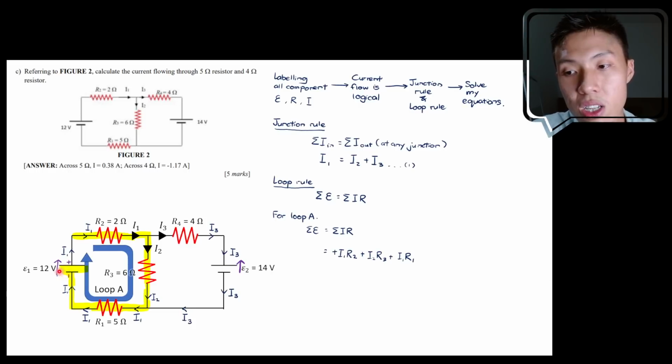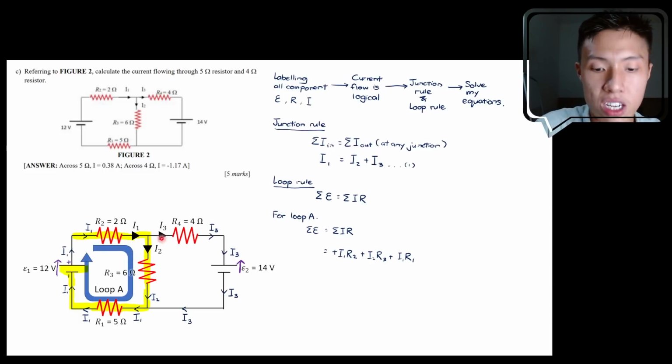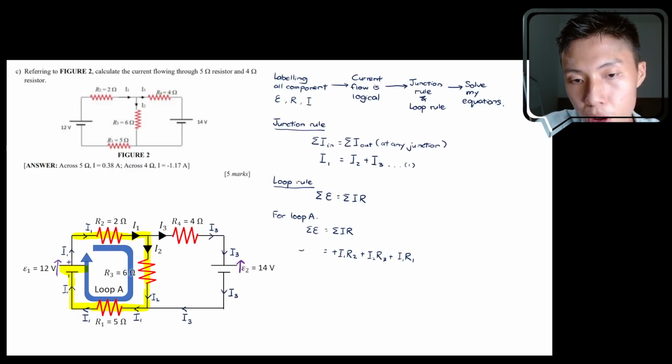If the direction of the arrow and the direction of my loop is the same, positive epsilon. If opposite direction, negative epsilon. You can see my highlighter here is moving from bottom to top, upwards, and my arrow is pointing upwards as well. The direction of my EMF is pointing upwards, and the direction of my loop is also pointing upwards, same direction. So you should expect this to be a positive epsilon 1.